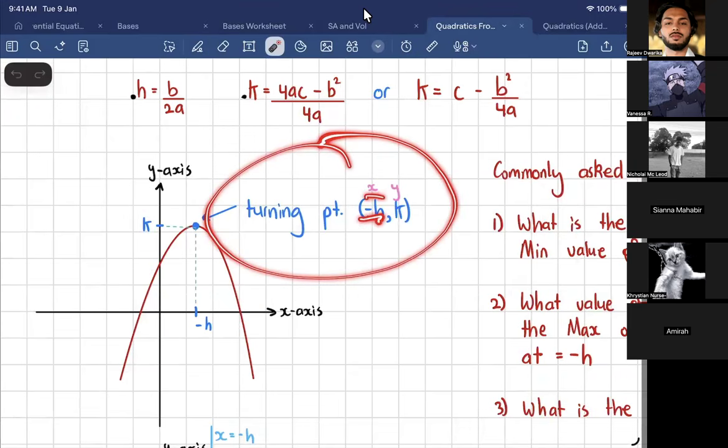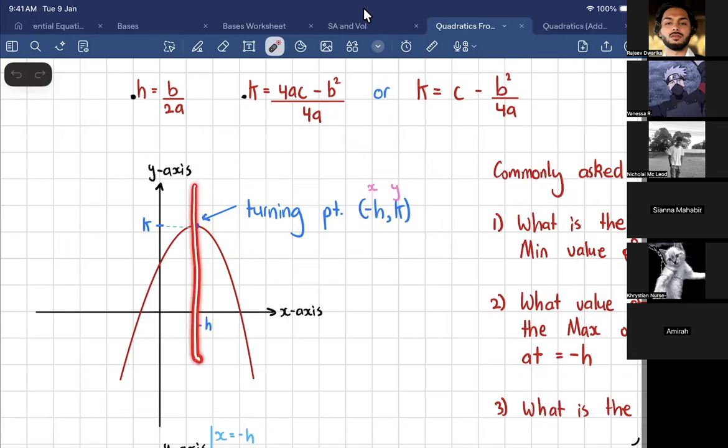As such, the axis of symmetry would be x is minus h because it's passing through minus h. But I think you want to know why h had to be negative. Is it just how it was? Yeah, it's always negative to figure out the turning point. But I want to give you a good mathematical answer that will not confuse you.